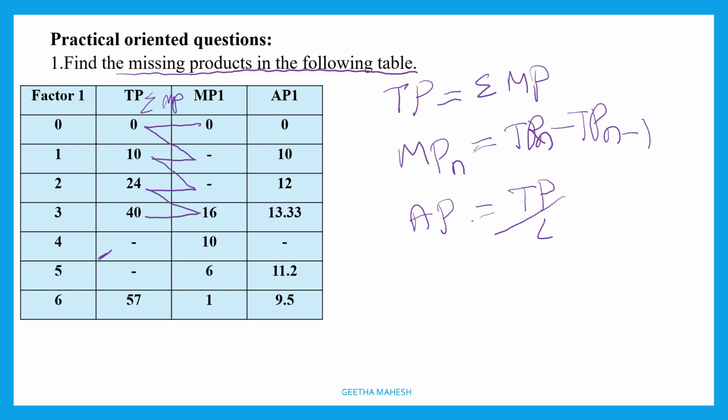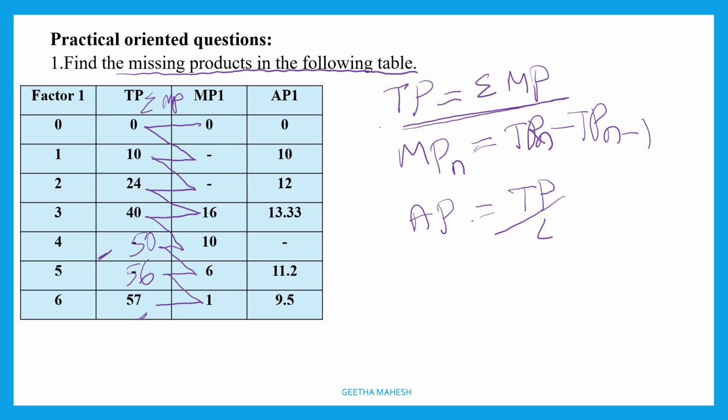Now, for 24, if we add 16, you will get 40; 40 plus 10, you will get 50; 50 plus 6, you will get 56. Now, 56 plus 1, you will get 57. This we call zigzag addition. To find the total product, you need to add the marginal product.